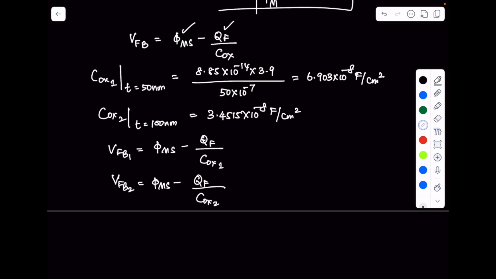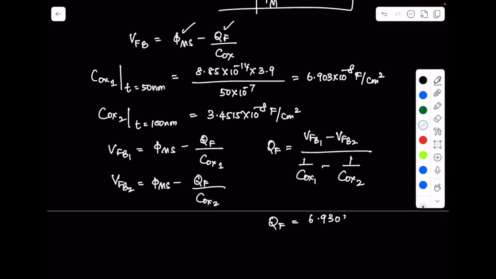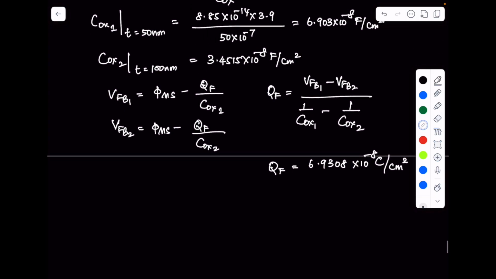And so therefore, if I want to find QF, I subtract the two equations. So I get QF is equal to VFB1 minus VFB2 divided by 1 by Cox1 minus 1 by Cox2. Substituting that, I get my QF to be 6.9308 into 10 power minus 8 coulombs per centimeter squared. So that is the fixed charge density I have in the system.